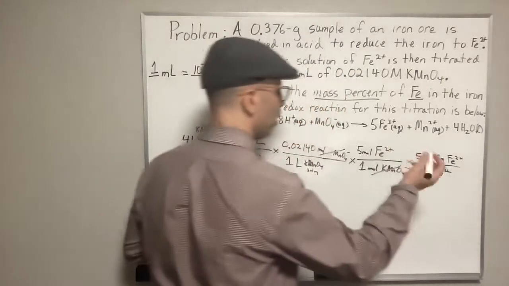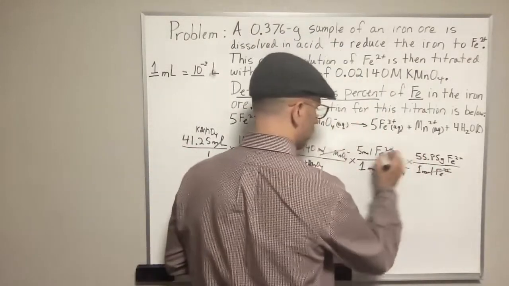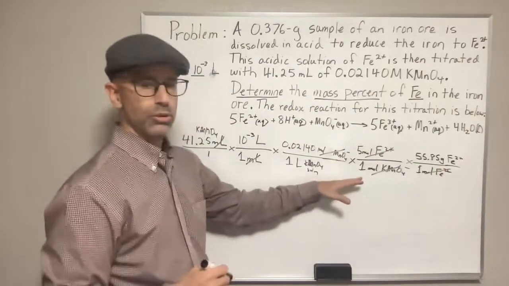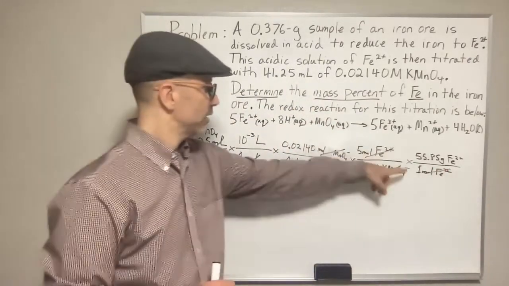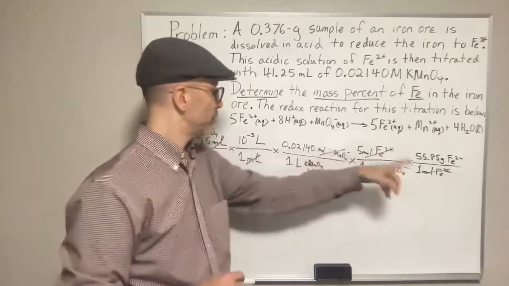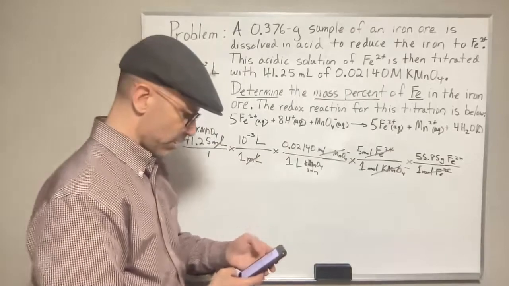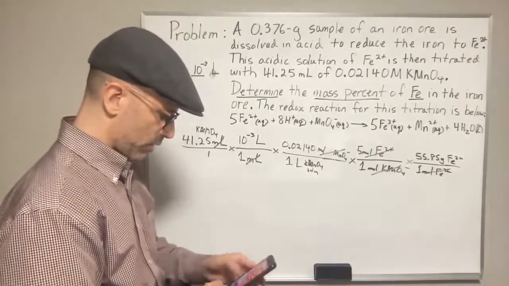Yep, 55.85. Okay, so moles of iron cancel out. Now I have grams. So now all I need to do is calculate the amount of grams. So let's go ahead and do that really quick. And here we go.